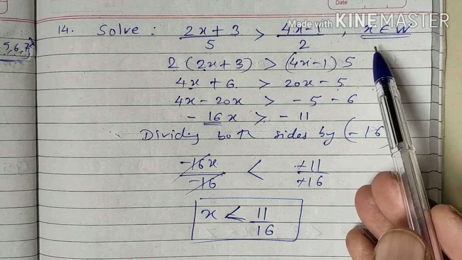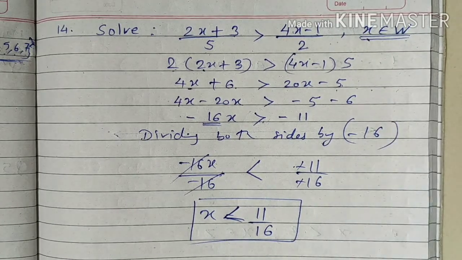Since our x belongs to the whole numbers, therefore which value is less than 11 upon 16? Is there any value which is less than 11 upon 16?